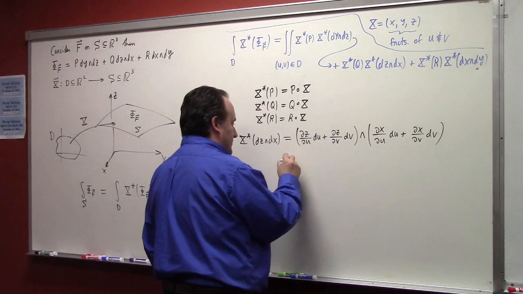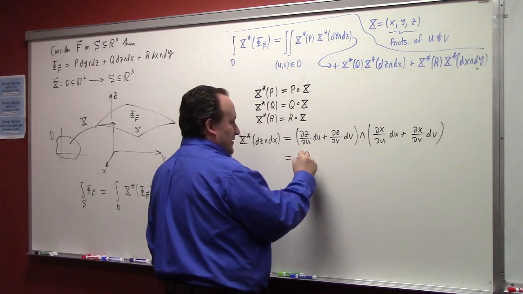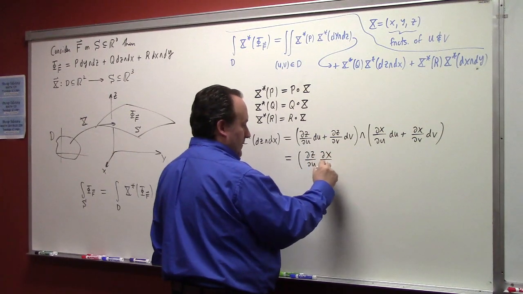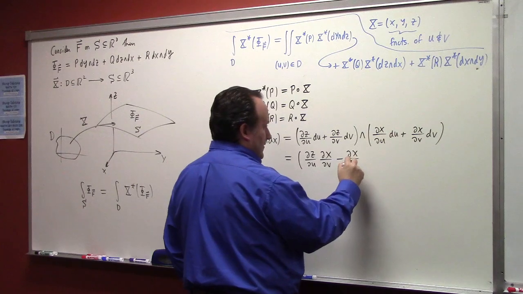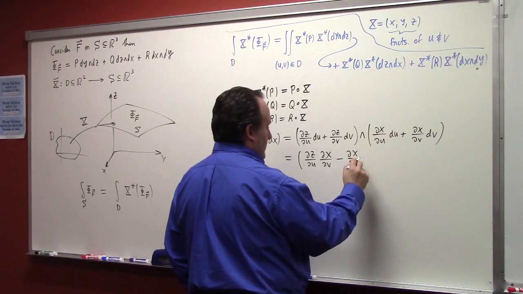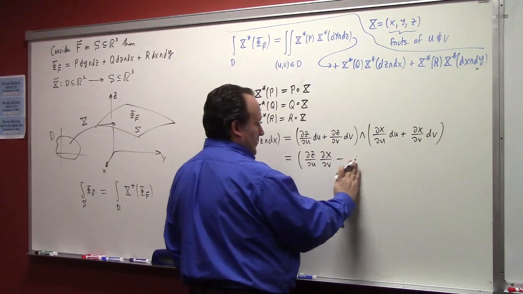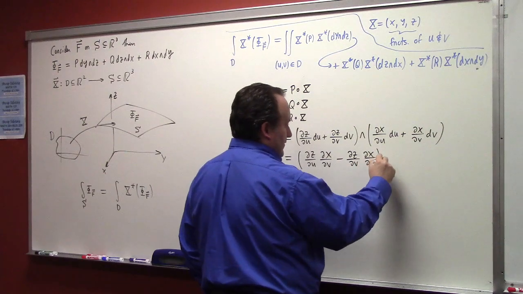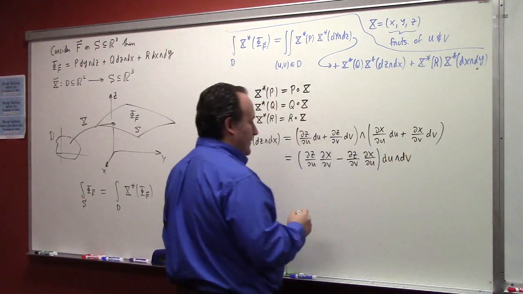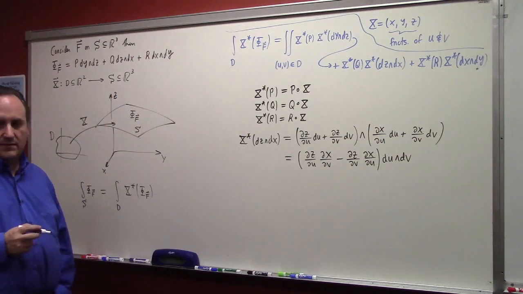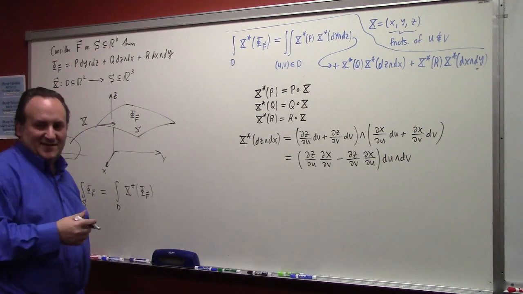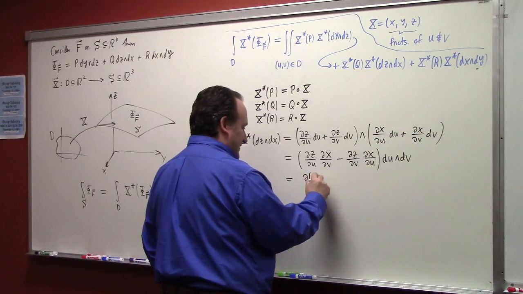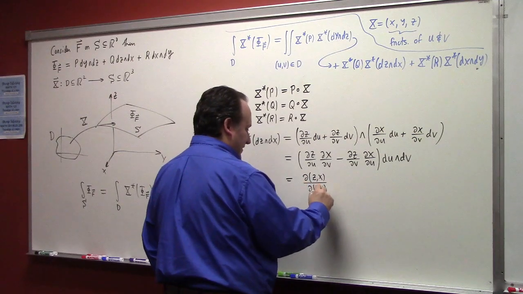And so when you multiply this out, what you got? Well, you got your partial z, partial u, partial x, partial v, minus partial x, partial u, partial z, partial v, du wedge dv. So in H.M. Edwards notation, this is partial z comma x, partial u comma v, okay?